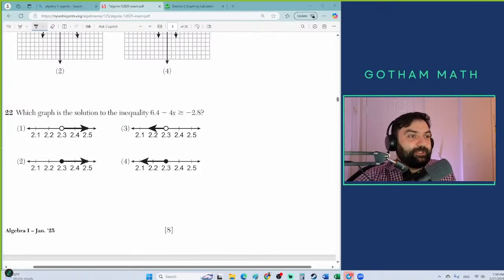All right, number 22. Which graph is the solution to the inequality? Okay, classic question. It's basically solving the linear equations that we all love so much. Step 1 on the road to isolating x is to subtract 6.4.